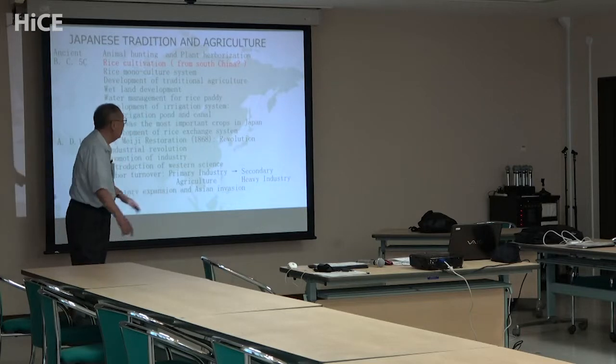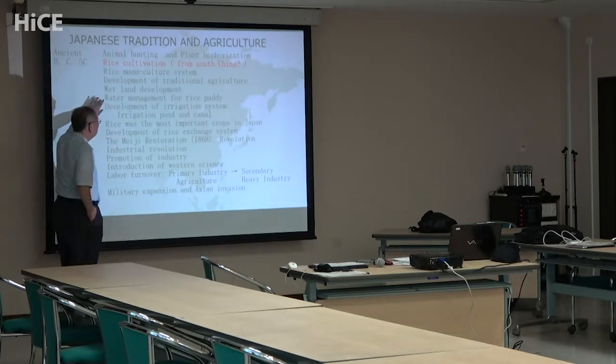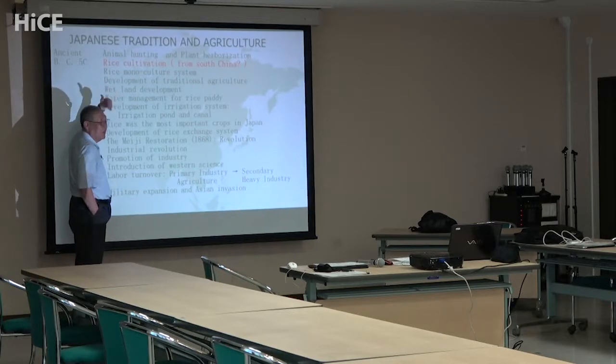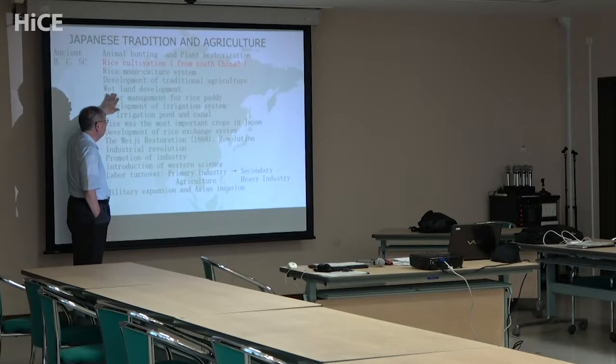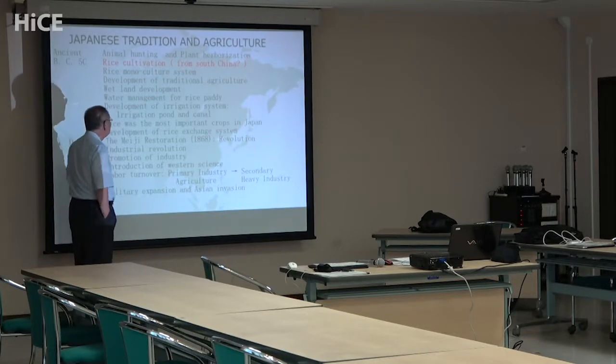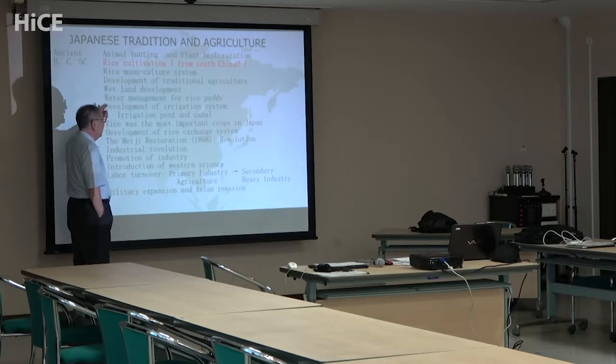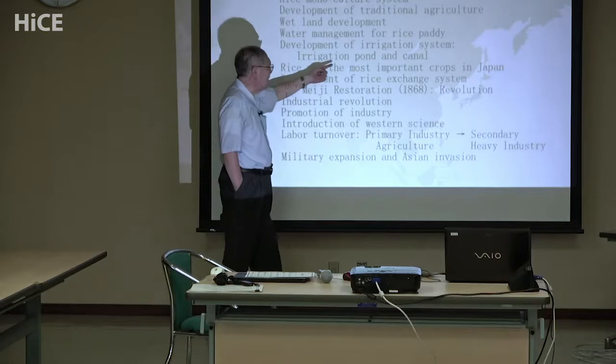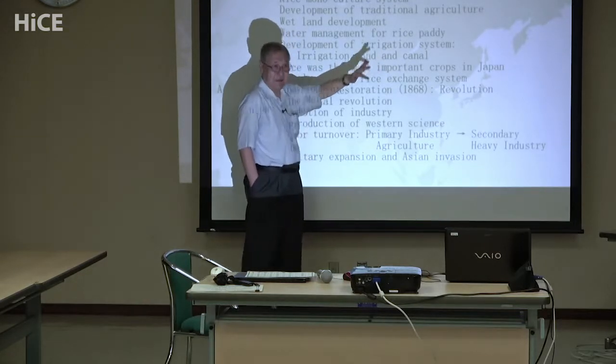Okay? Then water management for the rice paddy was very important, the irrigation for the rice paddy. And development of the irrigation system. And irrigation ponds and canals we needed.